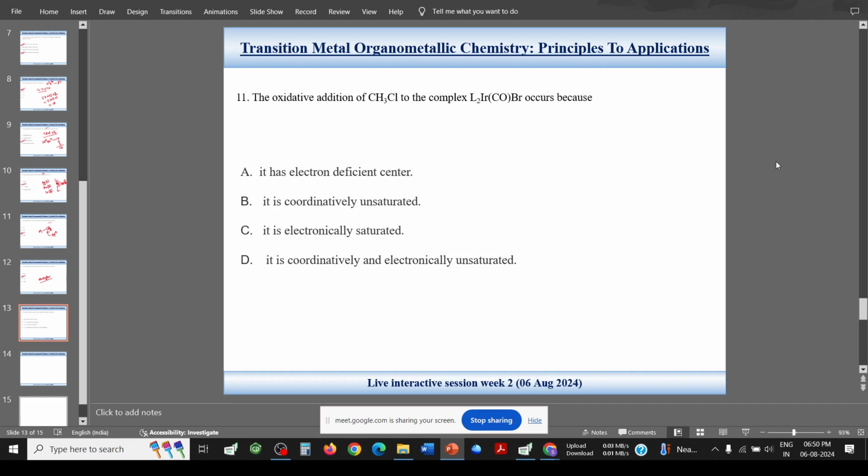So what will be the correct answer? Here our main theme is oxidative addition.